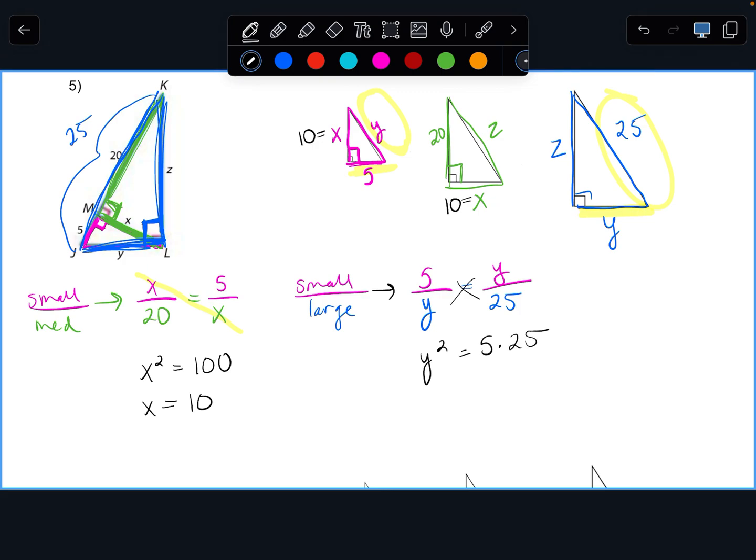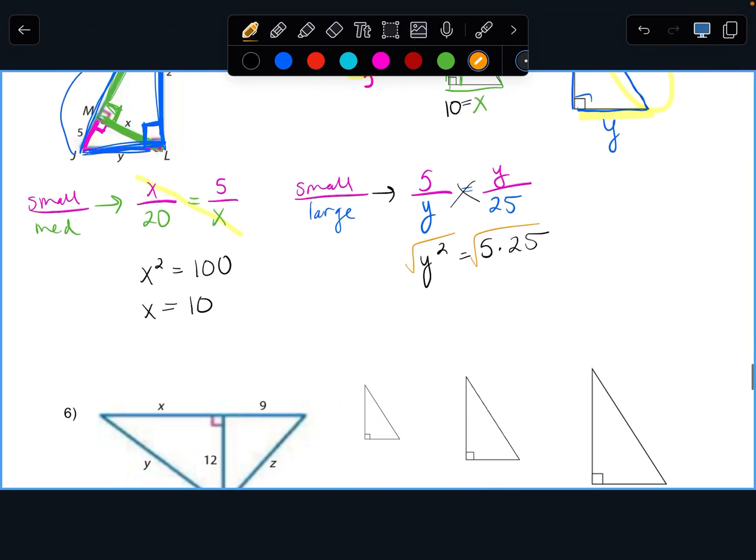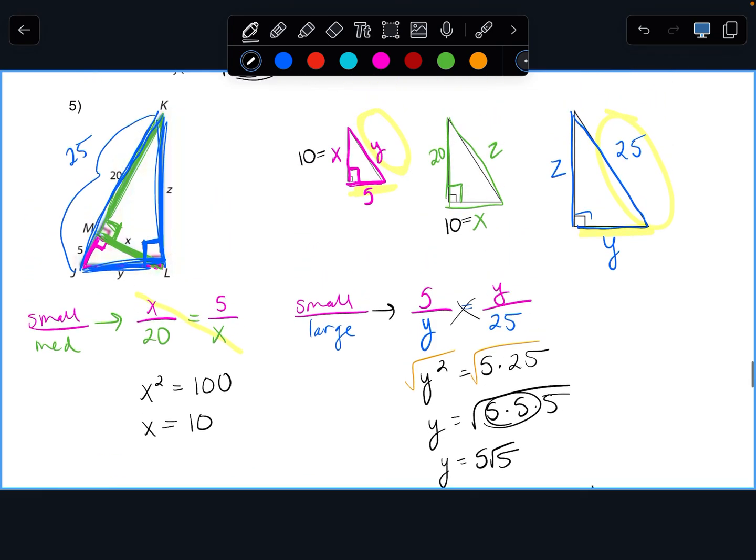I'm going to keep these separated, 5 times 25, because I'm going to have to break them into pairs anyway. You could multiply it to get 125, but then you're going to break it into your pairs anyway, so I'm just going to save a step. So 25 is 5 and 5. So your y is 5 root 5. And then we can throw that in there.